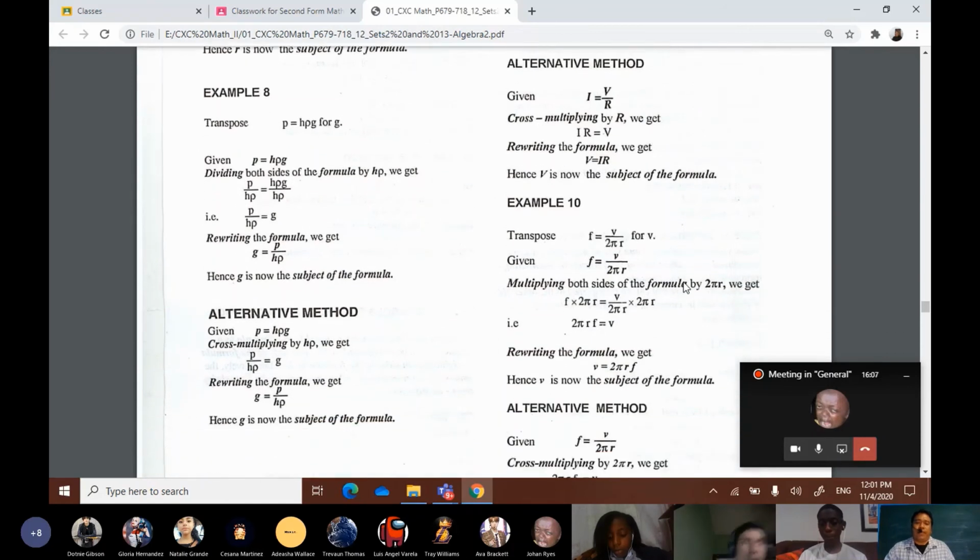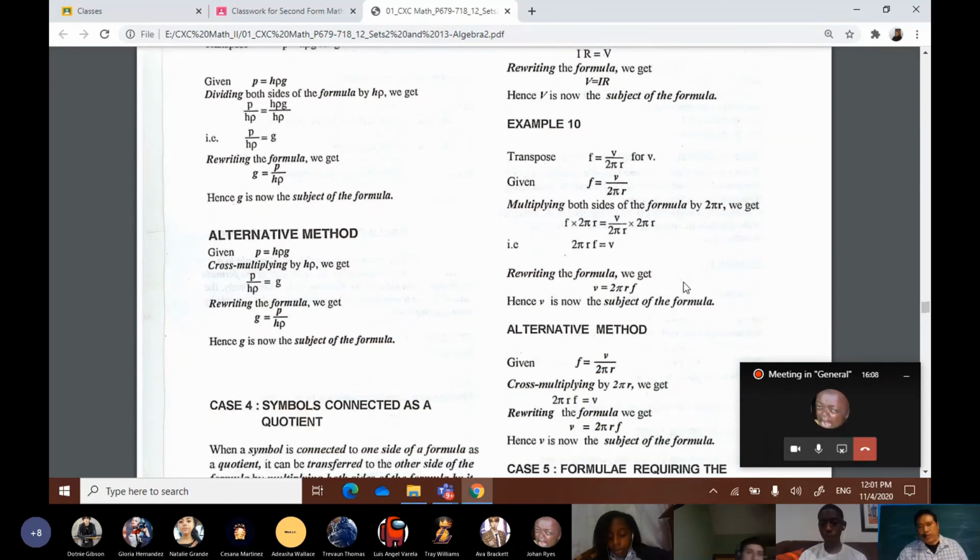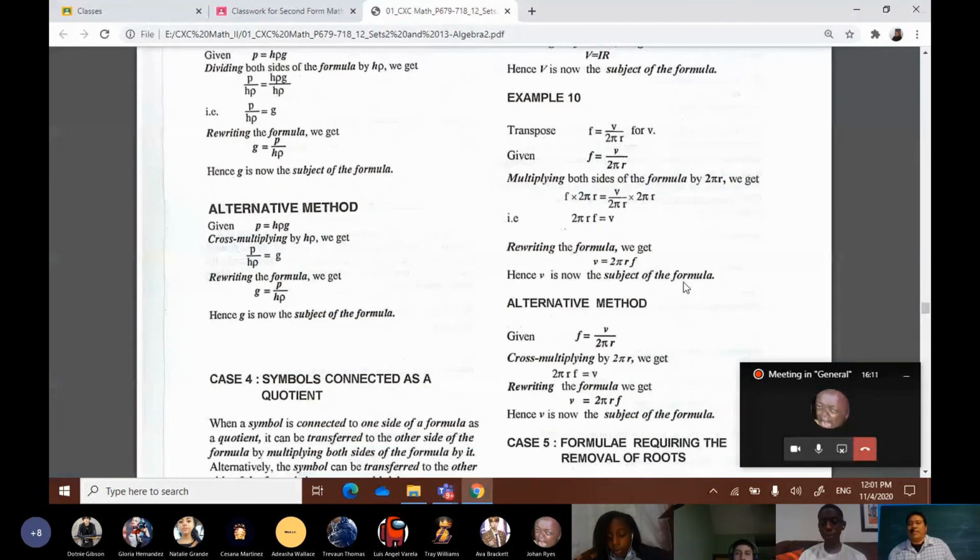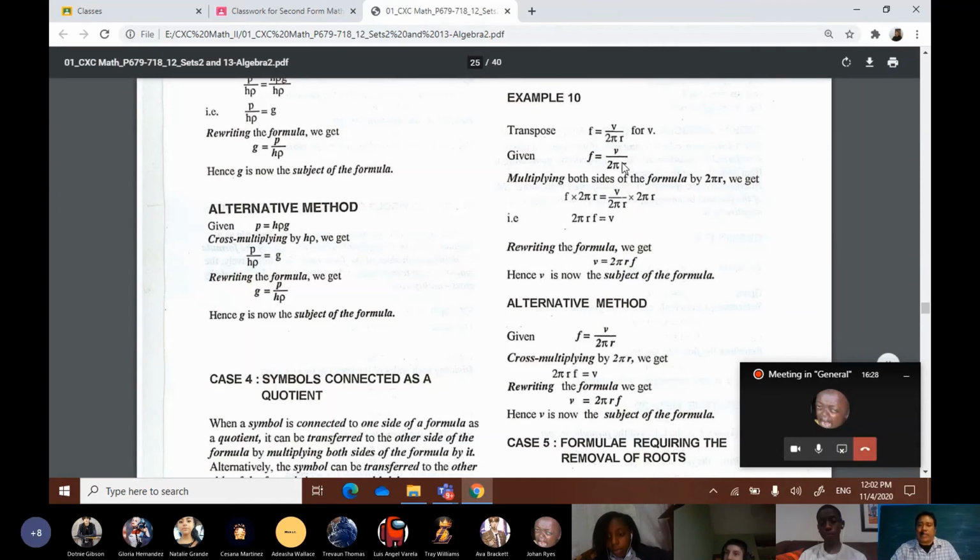Also note with example 10 that it does not have to be a single value that you multiply both sides by. Notice here example 10 says transpose f equal v over 2 pi r for v. So we're given that f equal v over 2 pi r. We multiply both sides of the formula by 2 pi r.